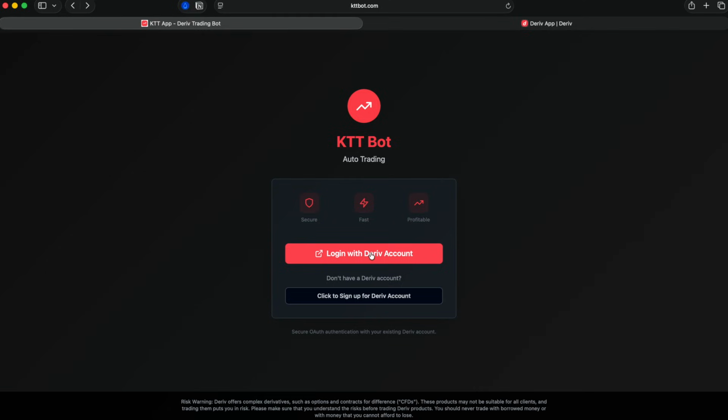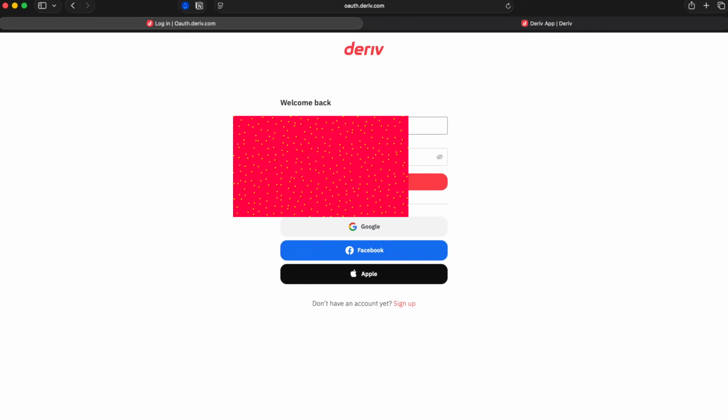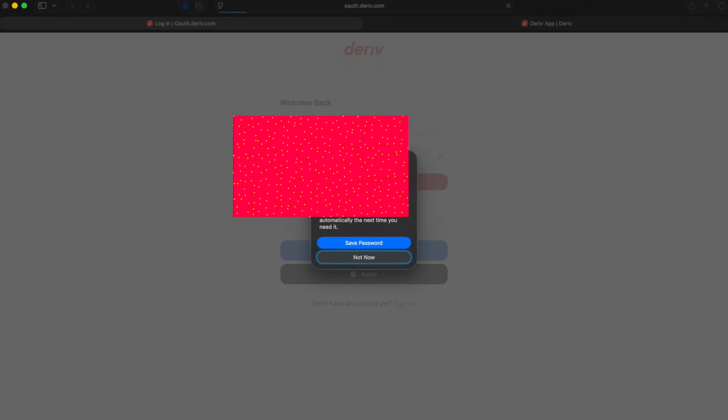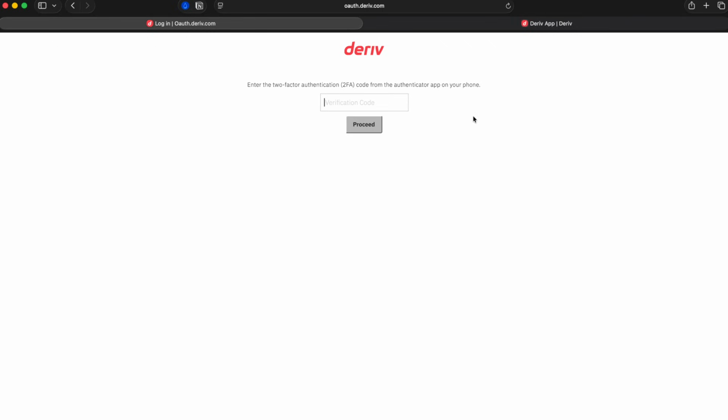When you click login with Deriv, it will take you to this page, where you put your email and password and log in. I'm just going to put my email, then my password, then log in. I'm just not going to save my password, not now. I don't want to save my password on a browser.